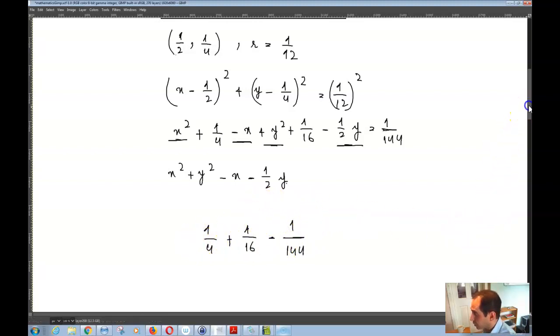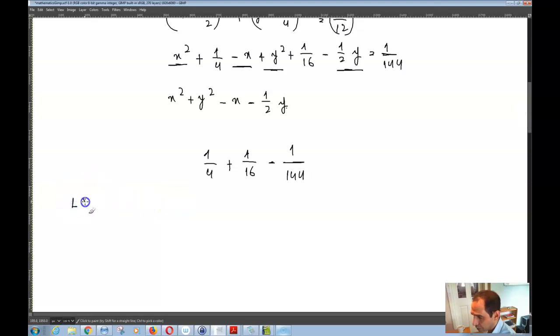You know that 4 is the same thing as 2 times 2, 16 is the same thing as 2 raised to the power 4, and 144 is the same thing as 12 times 12.